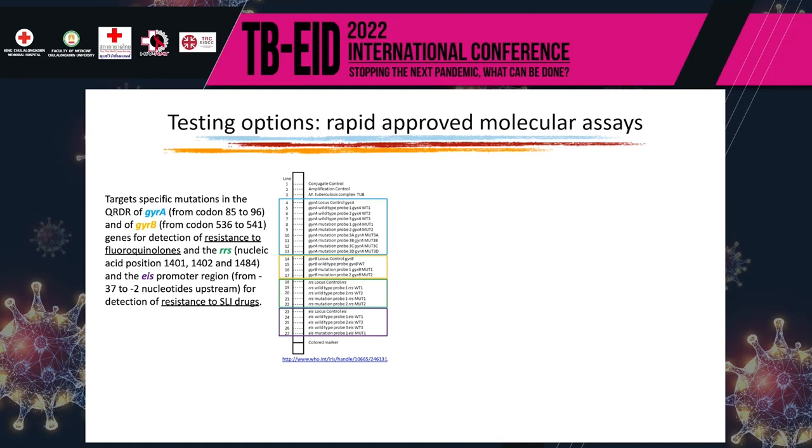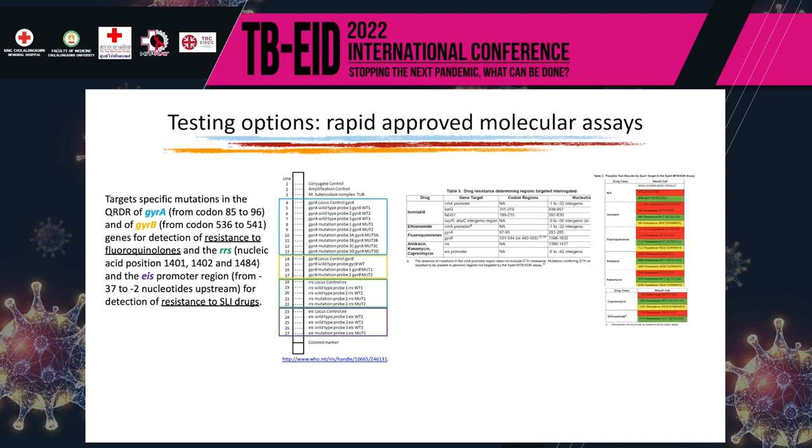But when we talk about rapid triaging to start the patients on the proper regimen, we need to talk about rapid tests. We do have some rapid tests that are approved by the WHO. The test that has been used for many years now for triaging MDR cases is the second-line LPA. The second-line LPA allows proper triaging of fluoroquinolone resistance, being able to detect mutations in gyrA and gyrB, which are the main determinants.